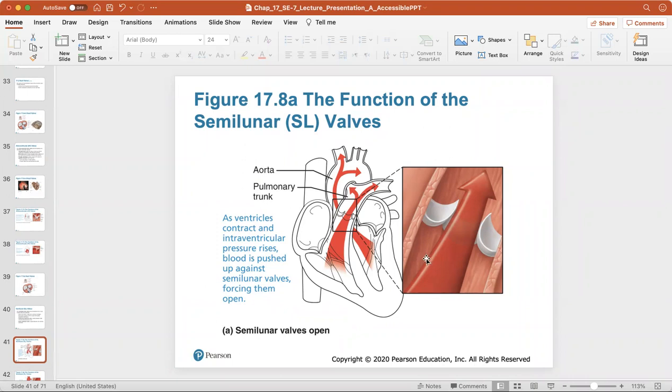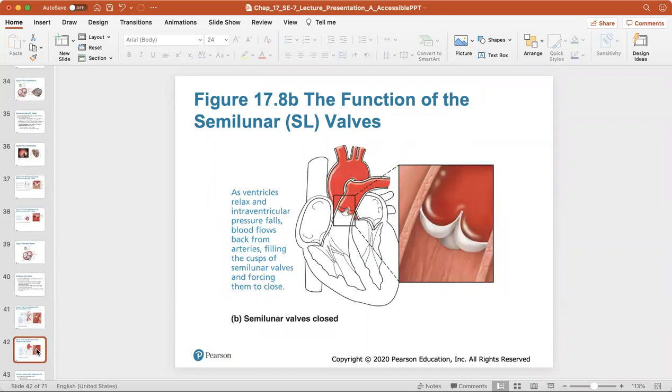So when blood gets ejected from your ventricles, whether it's going into the pulmonary trunk or the aorta, the increase in pressure and the contraction of the ventricles then forces blood through the semilunar valves and forces them to open. As the ventricles relax and the intraventricular pressure falls, the blood flows back from the arteries, filling the cusps shown here, and it forces them to close so that we don't get any backflow back into the ventricles.